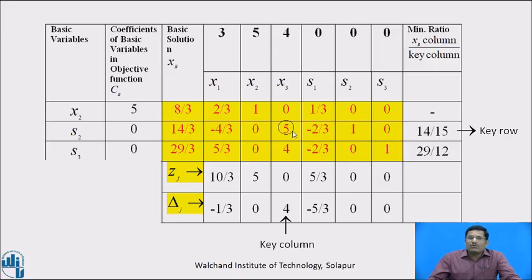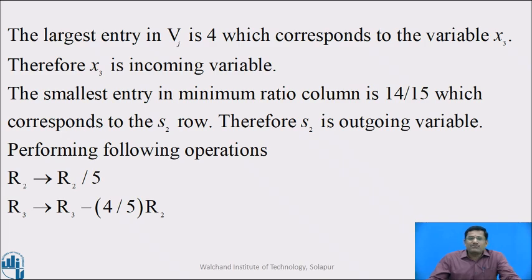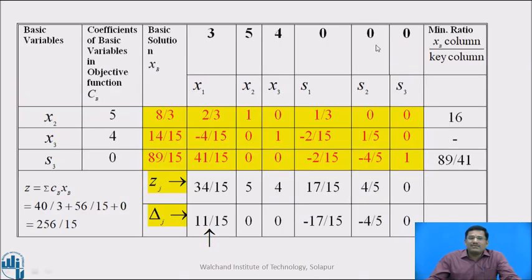Now we have to convert the elements lying above and below that key element to 0 and convert the key element to 1 by using a suitable transformation. After applying these two transformations, we get this new modified simplex table.